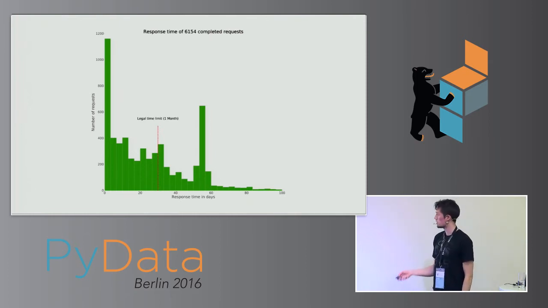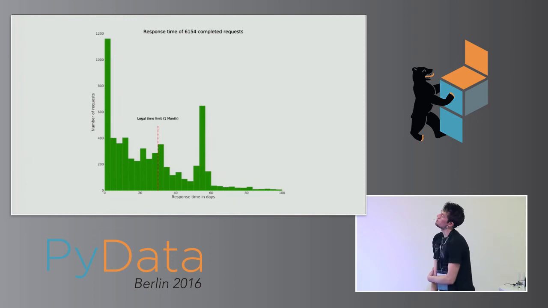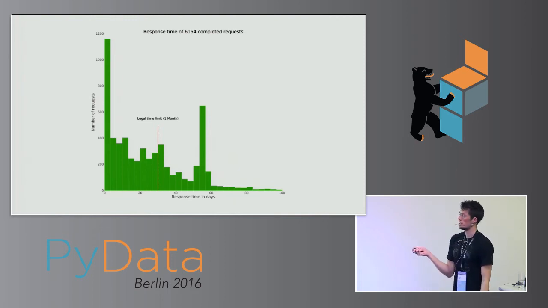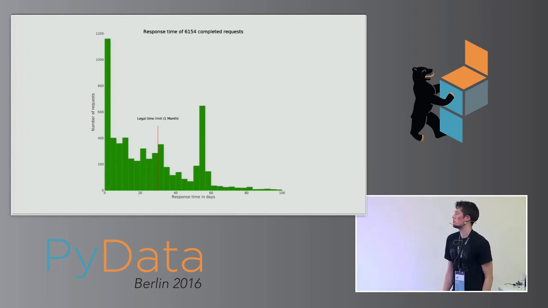And so what you can see here is actually the bulk of the requests are answered within this legal time limit. But there are also many more that are responding much later. I have to say about this data that it's not that easy to calculate, because you would have to look at each single message.